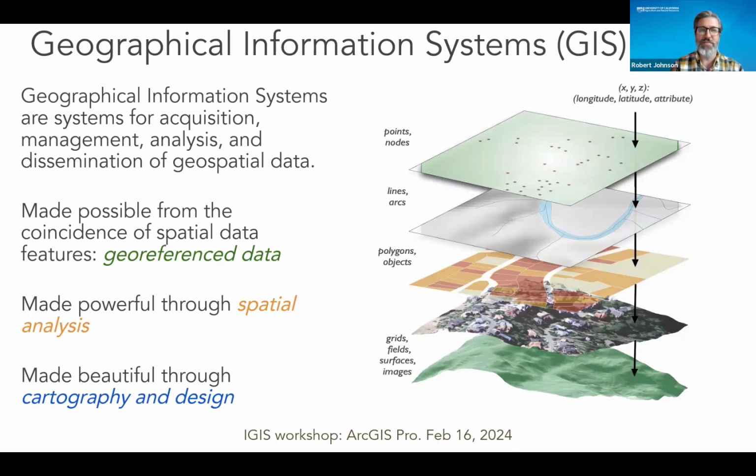This is made possible from the coincidence of spatial data features. This is your georeferenced data, your points, your lines, your polygons. You can do lots of stuff, very powerful with spatial analysis to answer questions and derive products out of this spatial data. And you can also make really nice looking maps with cartography and design.